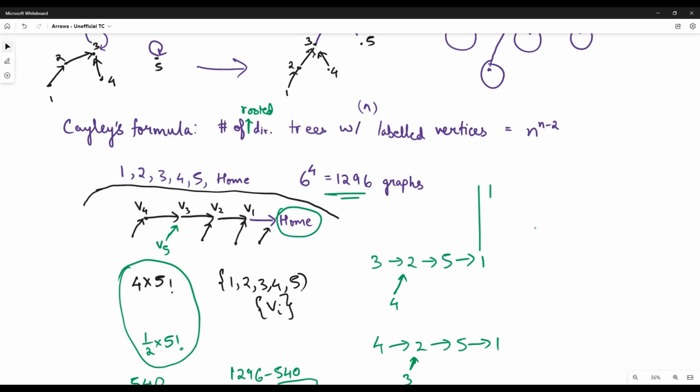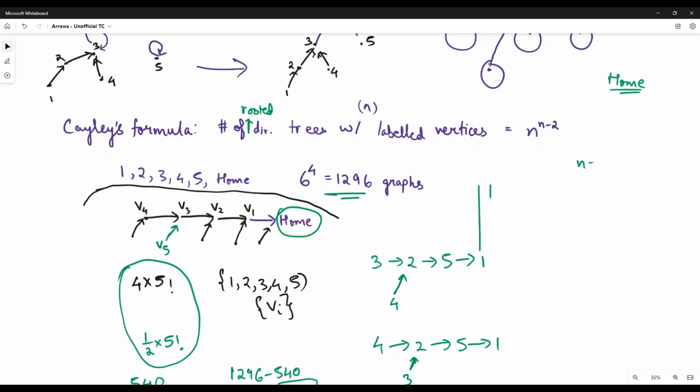So it's not as if V1 is the root and home is going to V1. Every vertex has a chain which always ends in home. So home is the root. So the number of rooted directed trees with n labeled vertices is n to the n minus 2.